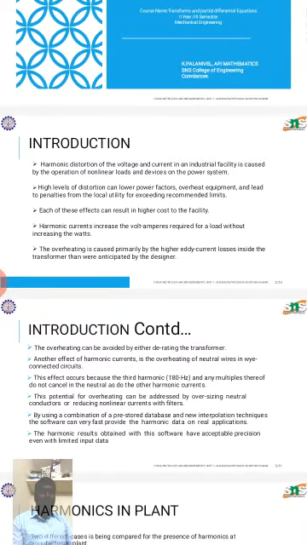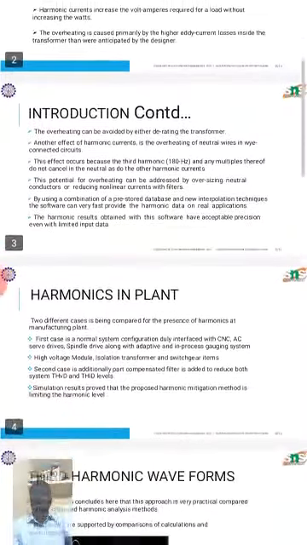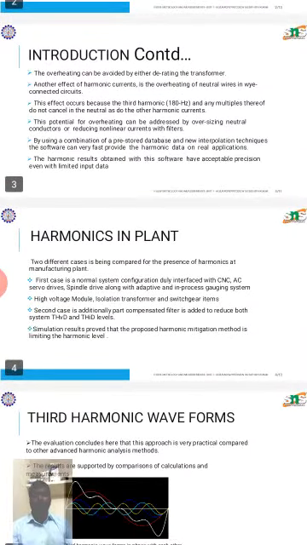Next one, this potential for overheating can be addressed by oversized neutral conductors or reducing non-linear current with filters.